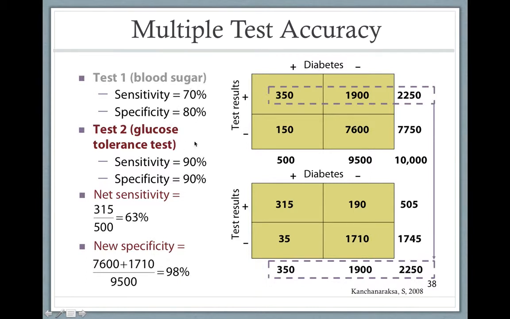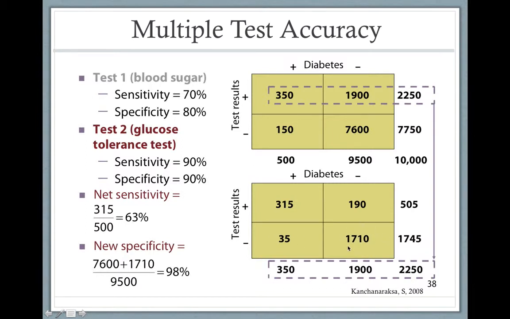to each of those. And then we look at the new or net specificity by looking at the number of people that tested negative to either of the tests. With sequential testing, you're going to get knocked out if you test negative in either of the tests. So in this case, we have 7,600 people tested negative in that first test, so they're part of the numerator.